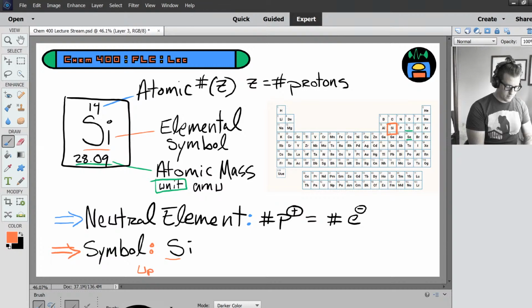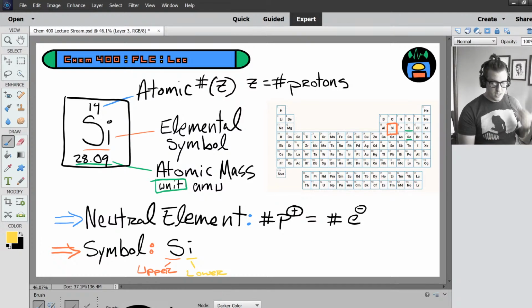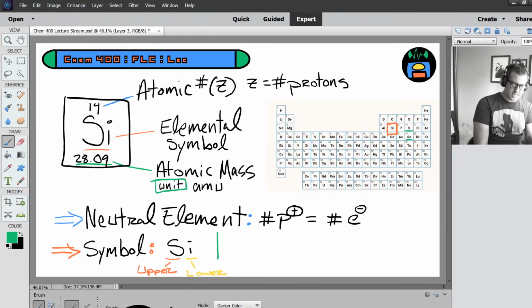So the first letter is uppercase. The second letter is lowercase. If you use an uppercase for the second letter in the elemental symbol, it's technically wrong.